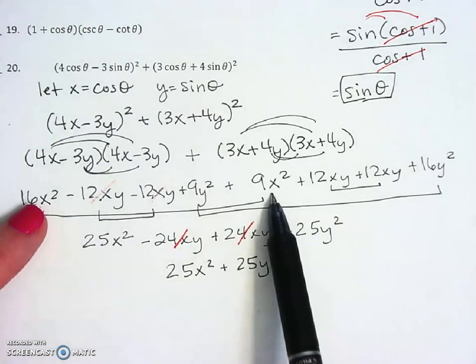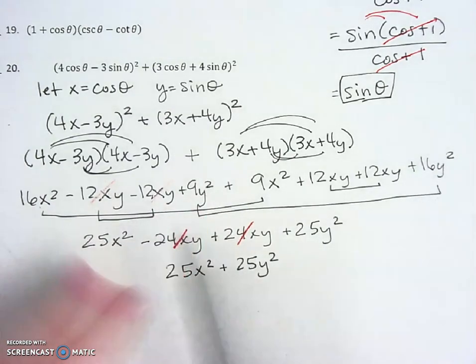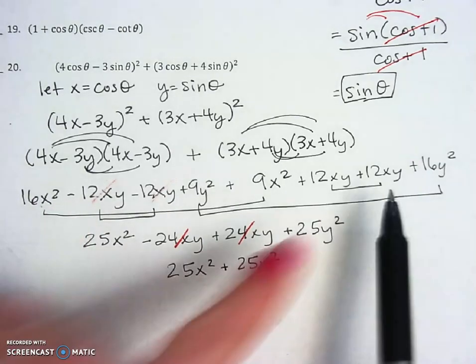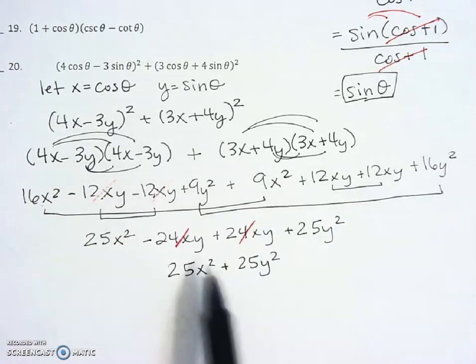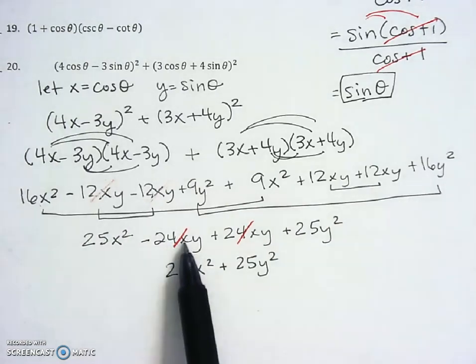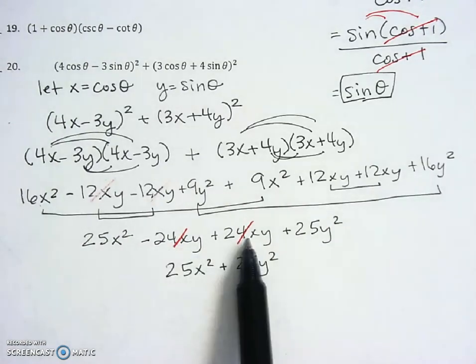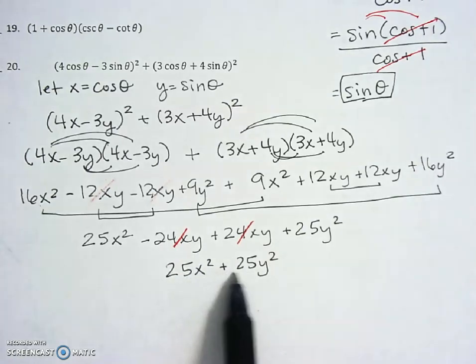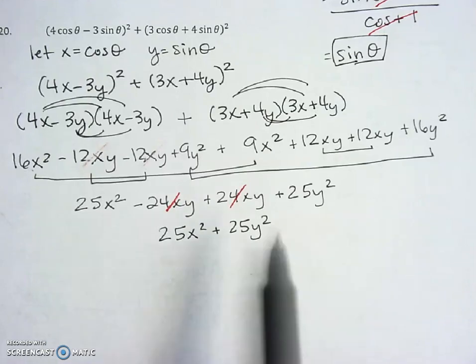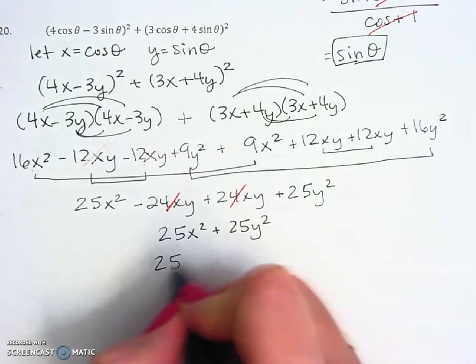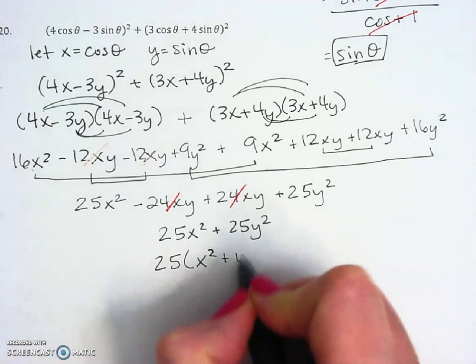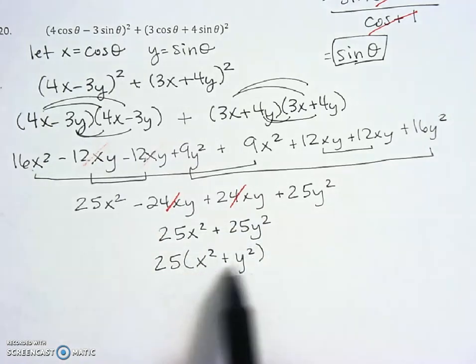I combined the x squareds, the y squareds, negative 12xy, positive 12xy's. The xy's canceled because one coefficient was negative 24, the other was positive, and so I'm left with 25x squared plus 25y squared. Now I notice that these two terms have a GCF of 25, so I'm going to factor that out. And there's no additional math I can do with this x squared, y squared.